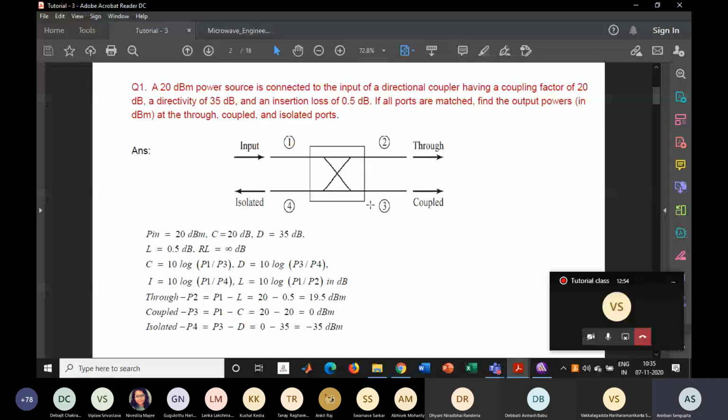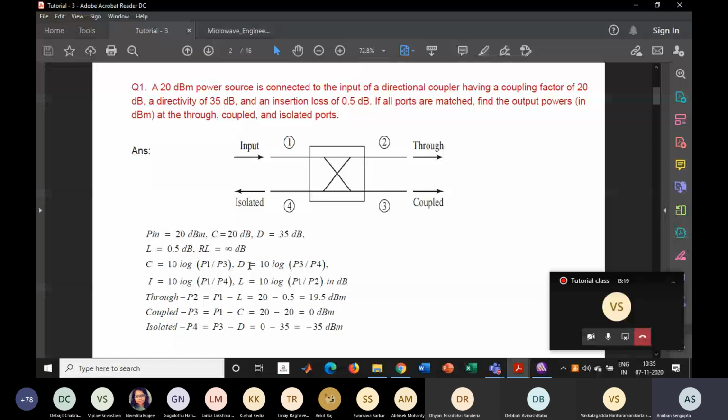So now the insertion loss is 0.5 dB, that is L equals 0.5, and return loss is infinity as all the ports are matched and we are taking it as an ideal case. So we take it as infinite. So now the coupling, what is the coupling? From the power equation, the logarithmic formula, C is 10 log P1 by P3.